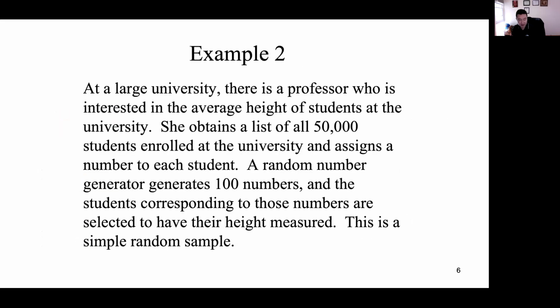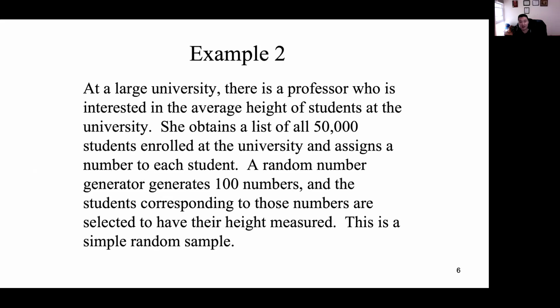Another example: we have a university, and a professor is trying to find out the average height of students at the university. She got a list of all the 50,000 students and assigned a number to each student, 1 to 50,000. Then a random generator generates 100 numbers, corresponding to 100 students.